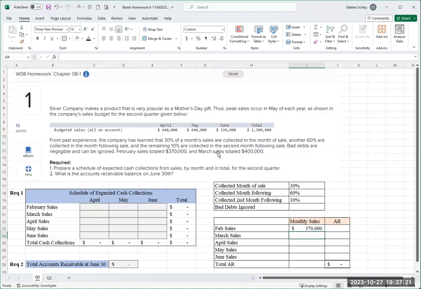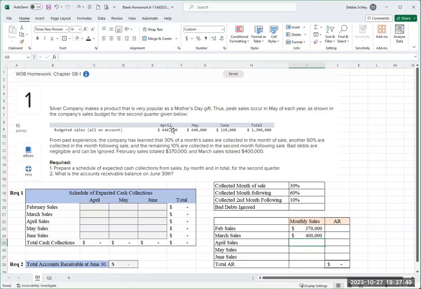Okay, and then March sales are 400,000. So I'm also going to note that down because in March, they collected 30%. And then in April, they're going to collect 60%. And then in May, they're going to collect 10%. I'm going to put that down here so that we have that to reference to fill in my cute chart over here.